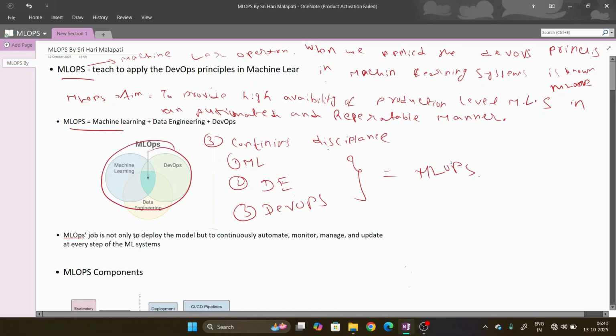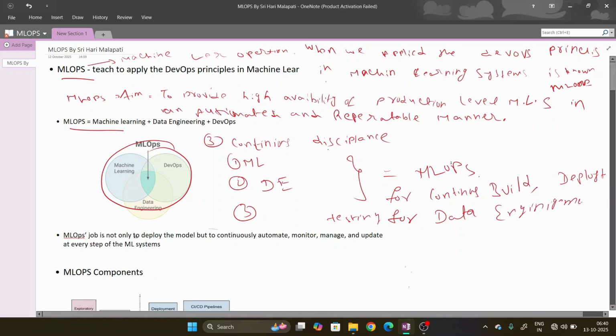Here, mainly the DevOps principles are applied to machine learning systems for continuous build, deployment, and testing of data engineering models and machine learning models.